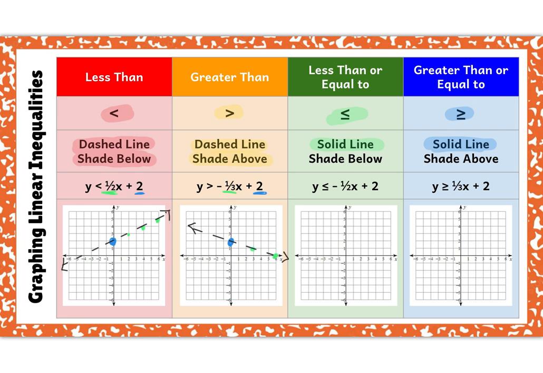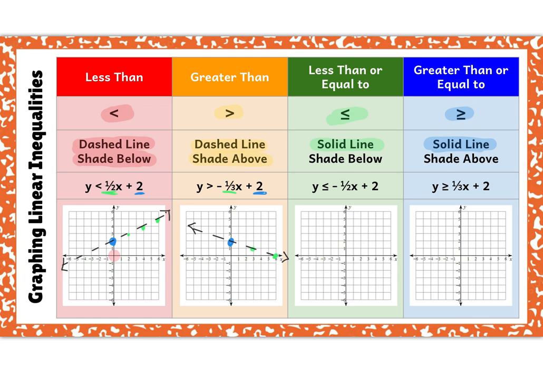So I used my slope and my y-intercept to create my graph. And because these were less than and greater than, I used dashed lines to connect. But now I'm going to talk about the shading. Less than is telling me I'm going to shade below. Well, if I look at any point, the point 0 is less than my y-intercept of 2.